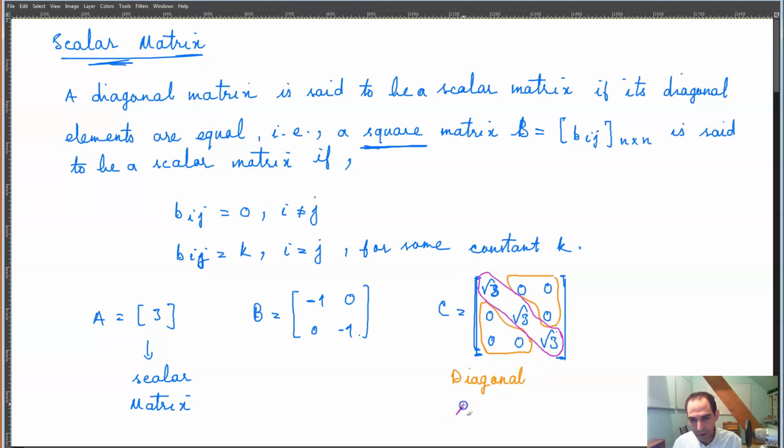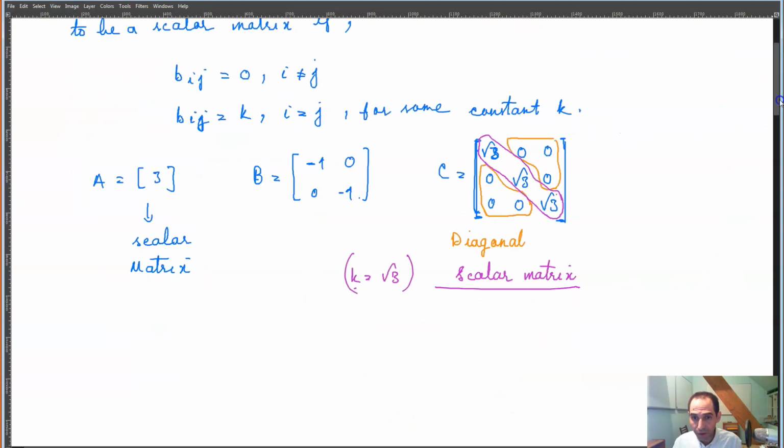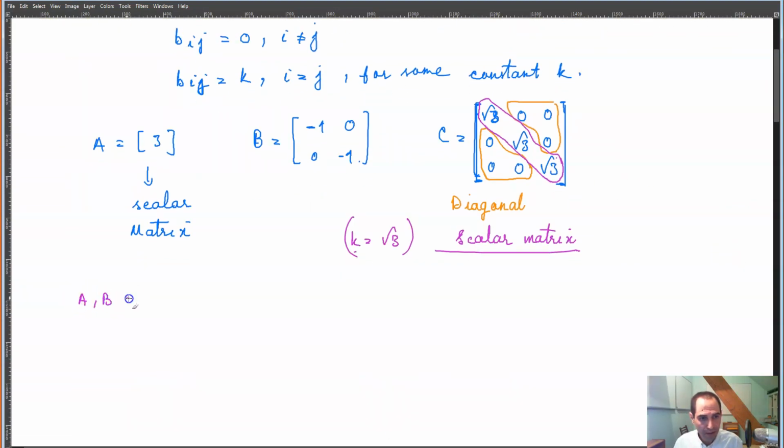So it is considered a scalar matrix, and k is equal to, for example, square root of 3, right? And these are all scalar matrices, so you can say that A, B, and C are scalar matrices of orders 1, 2, and 3, right?